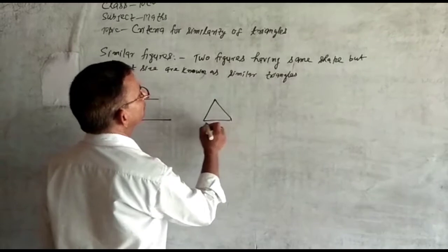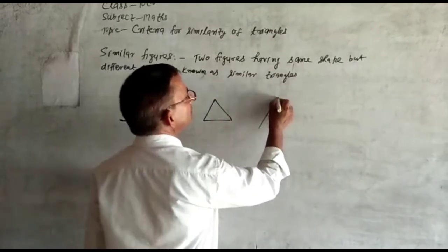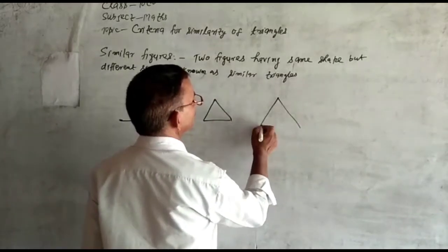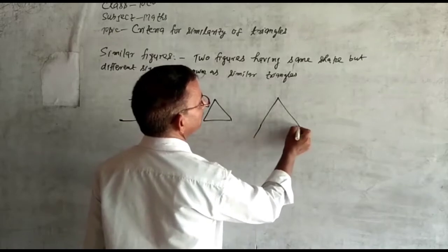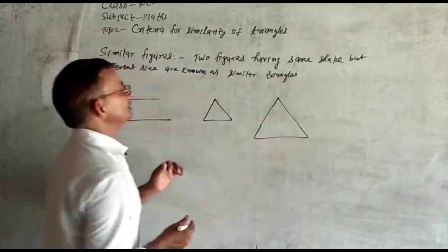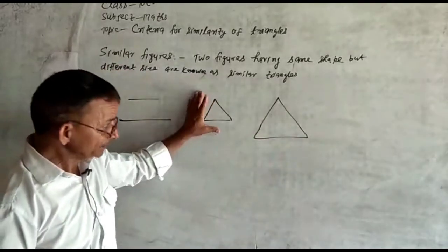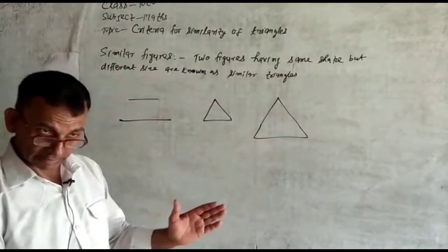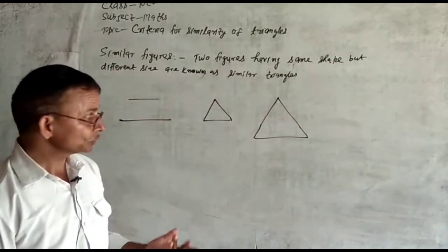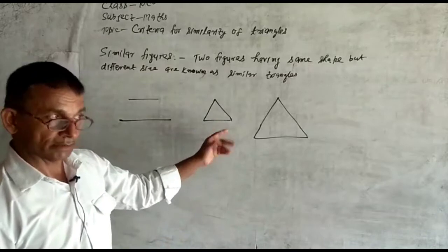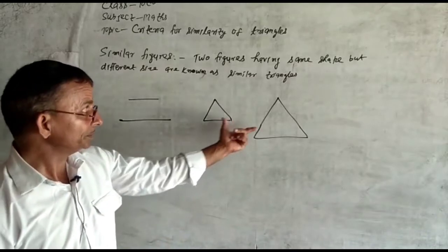Another example. This is a triangle and this is also a triangle. Both are triangles, so we can say that the shape of both figures is the same.